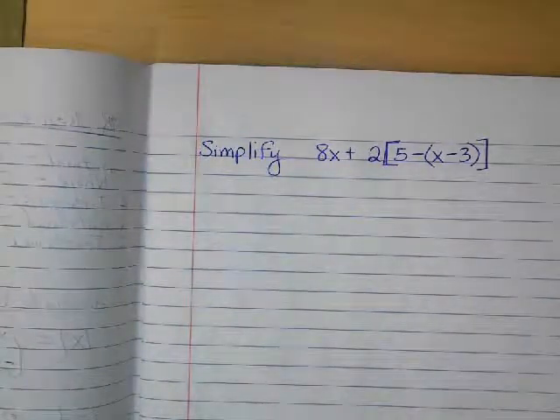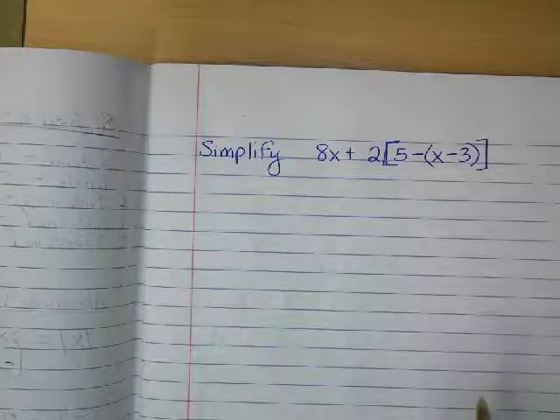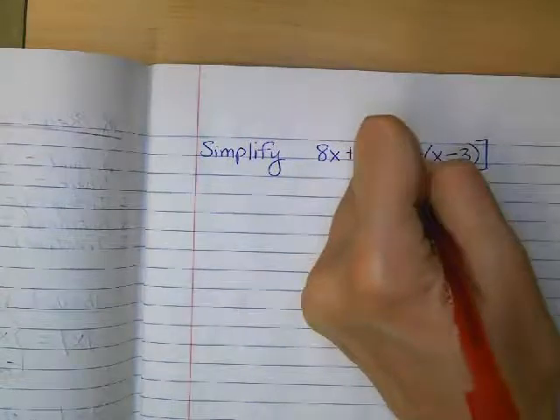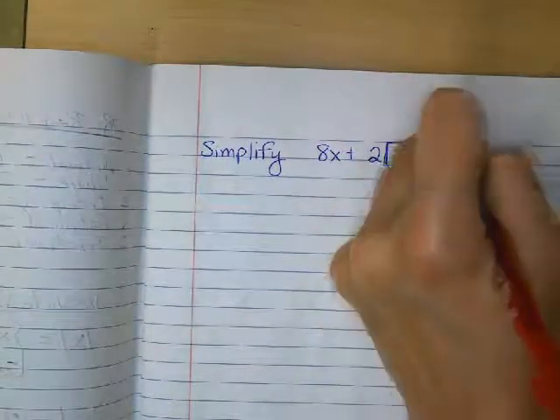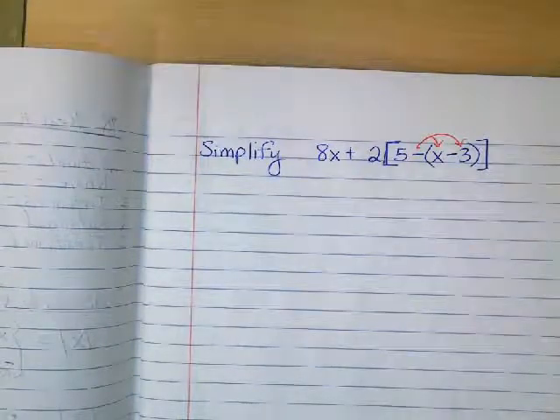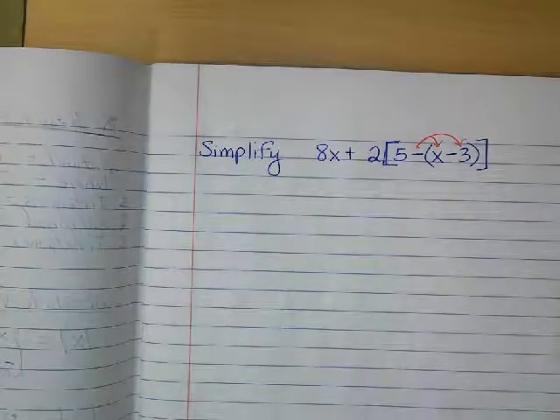How to start it off. Yeah, this negative sign right here, you have to distribute that negative. So if you guys were looking at it going, wait, what do I do? You have to distribute the negative. That's right there in front.